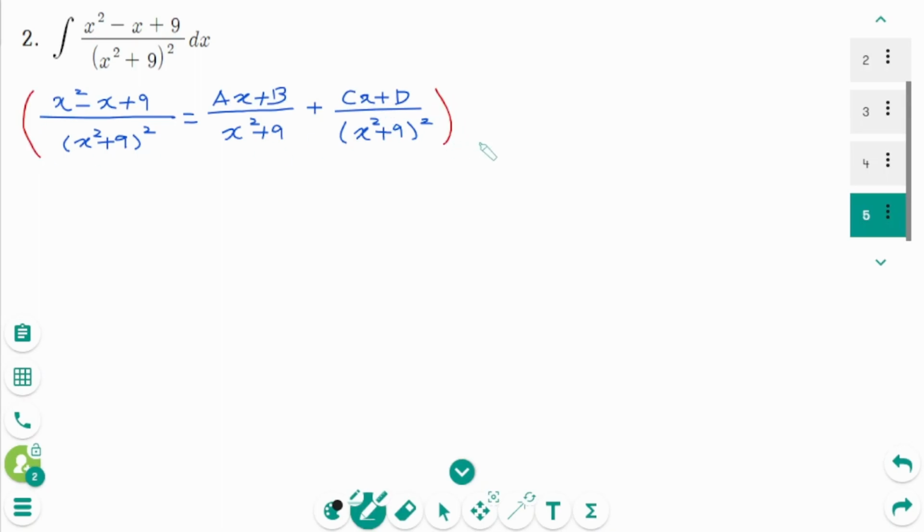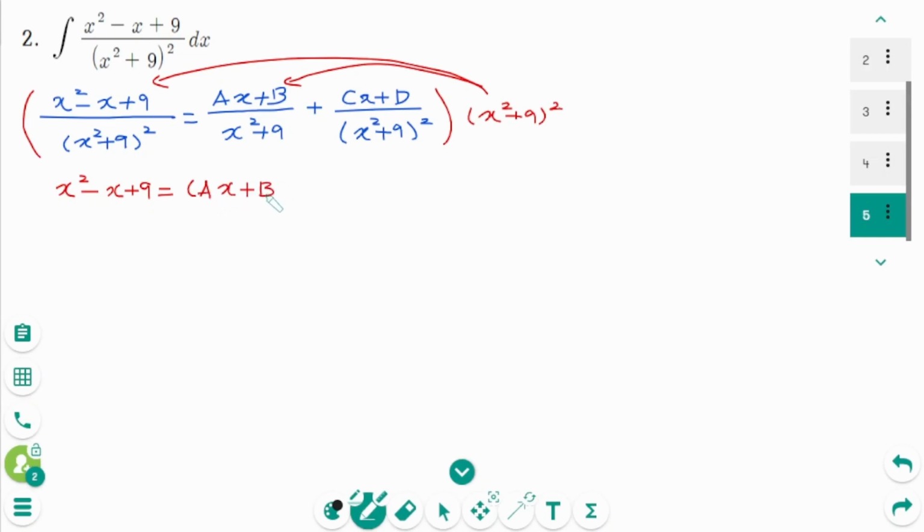Multiplying by the least common denominator, x squared plus 9 squared, on each side, we have the basic equation: x squared minus x plus 9 equals ax plus b times x squared plus 9, where the x squared plus 9 is cancelled, then 1 times x squared plus 9 is left over, then cx plus d, this part is cancelled.